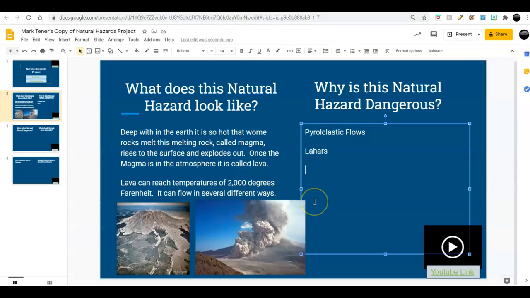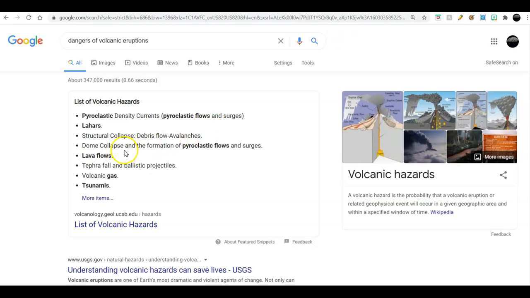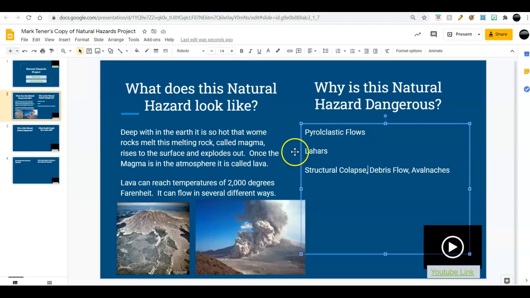Oh wow. Structural collapse, debris flow, comma, avalanches, I think is what it's trying to say there. Structural collapse, comma, debris flow, comma, avalanches. Oh, flow avalanches. That's interesting. I wrote that completely wrong.